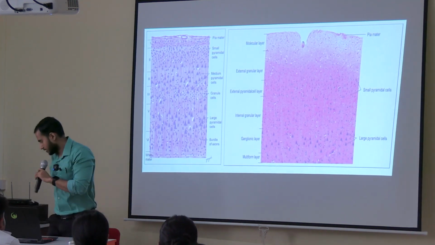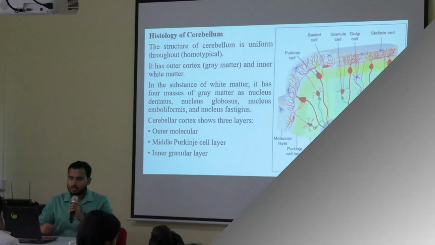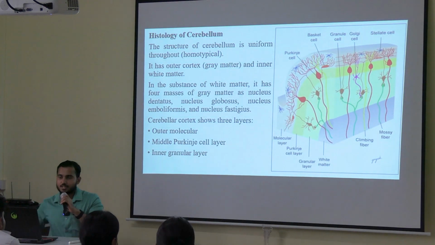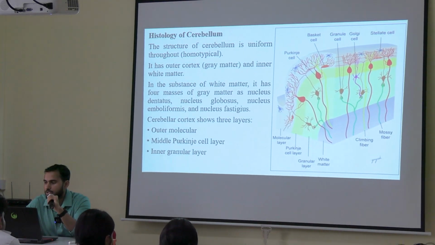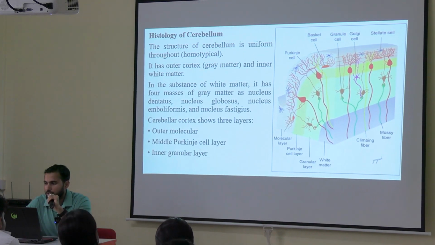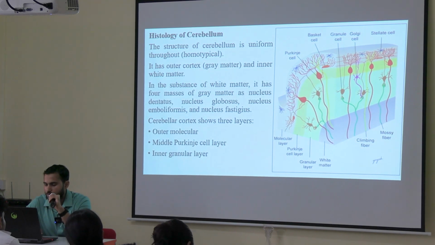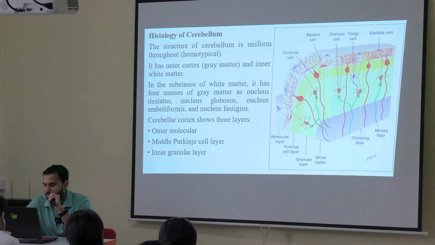Next we'll discuss the cerebellum. Now one thing which is easy in case of cerebellum is the cerebellar cortex is homogeneous in nature. ठीक है, that means no variations are present in the cortex.